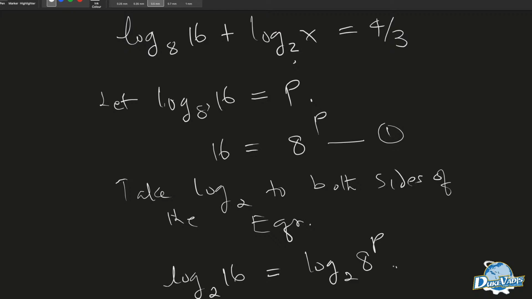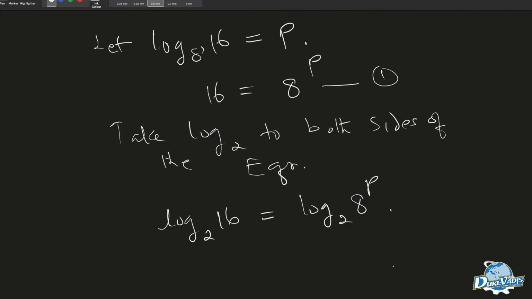What am I doing? I'm just trying to change to the same base. I don't believe in memorizing, so we break it from scratch. We know for sure that 4 times 4 gives us 16, so 2 times 2, 2 times 2, so 2 raised to the power 4 will give us 16.